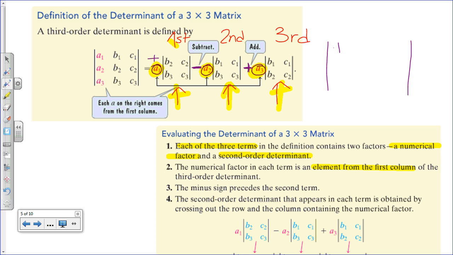The element of first column, first row will always be positive, and then the signs will be alternating. So this will be negative, this will be positive. If you decide to choose your first column, you start with the first element being positive, and then negative, and then positive. So here you can complete the signs as long as you are always alternating the signs. So this will be positive, negative, negative, positive.